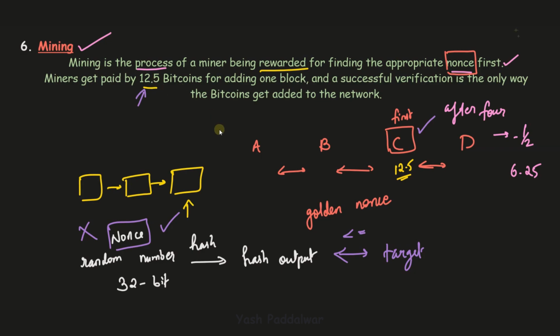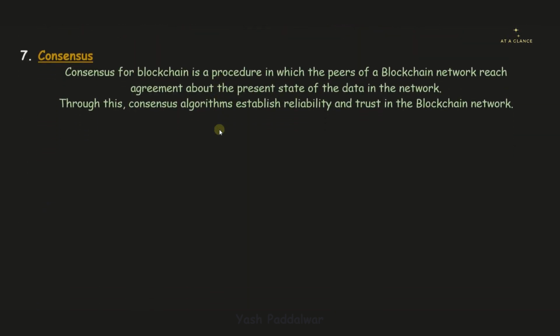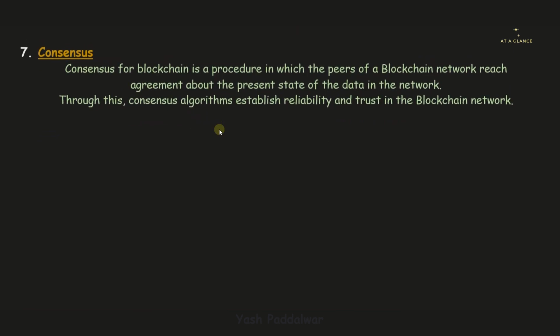Now let's move on to the next and last component inside the blockchain component list, which is consensus. Consensus is a procedure in which peers involved in the blockchain network reach an agreement about the present state of the data in the network.